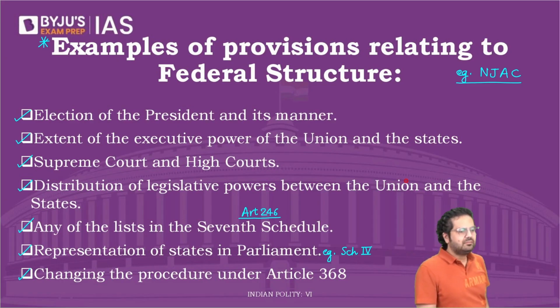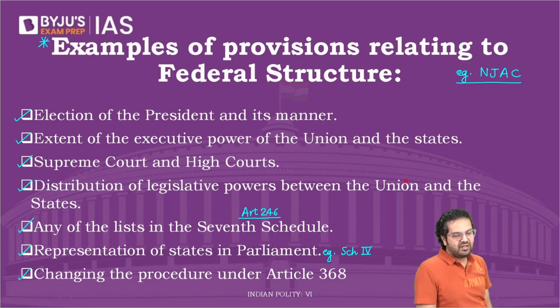This was done in one amendment that is called the 99th Amendment Act. Basically, we wanted to make the appointment of judges through a different, unique kind of body called NJAC.